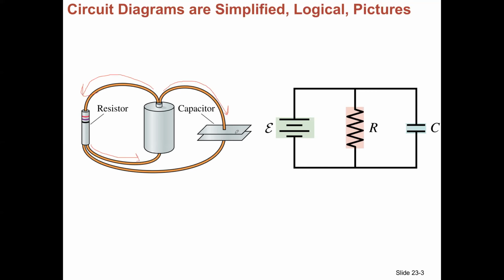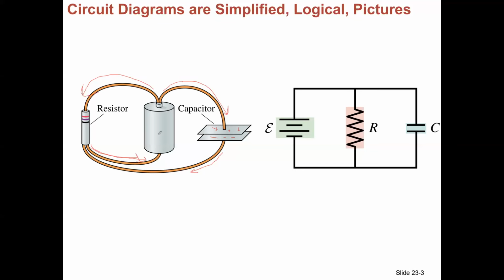The capacitor looks like it will stop current, but what will actually happen is current will flow and charge will build up on the capacitor, which will push positive charges away from this plate. And at least at the beginning, there will be current that flows this way and then eventually gets back to the battery. So even though a capacitor is in a circuit, it doesn't always block current.